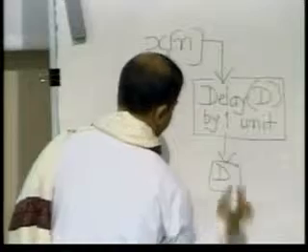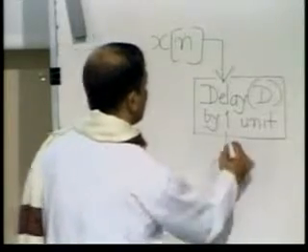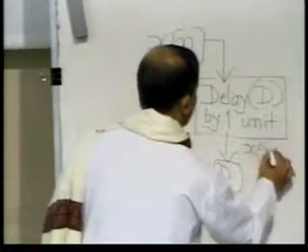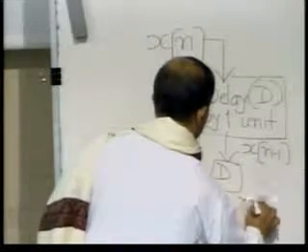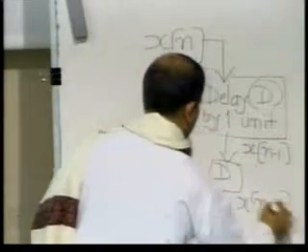And so on. And therefore, what results here is x[n-1]. At the next step, it shall be x[n-2], and so on here.